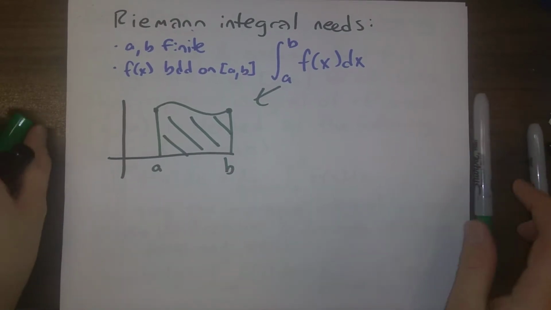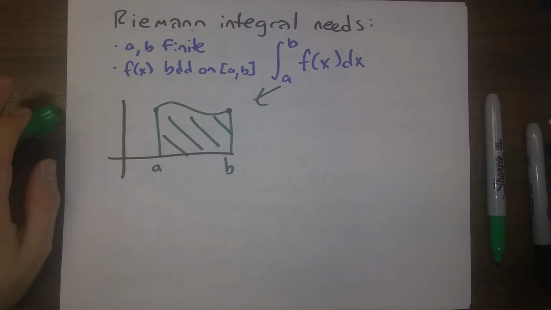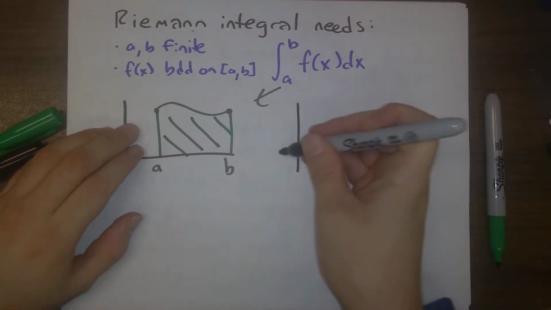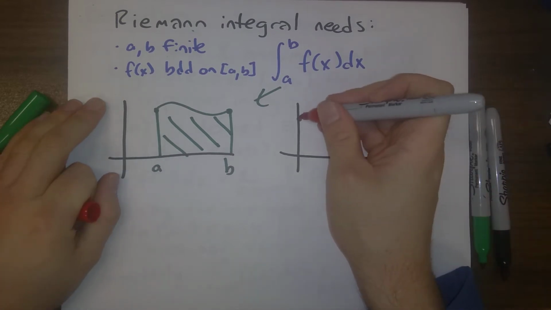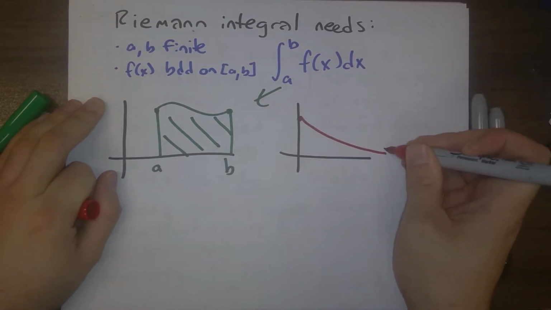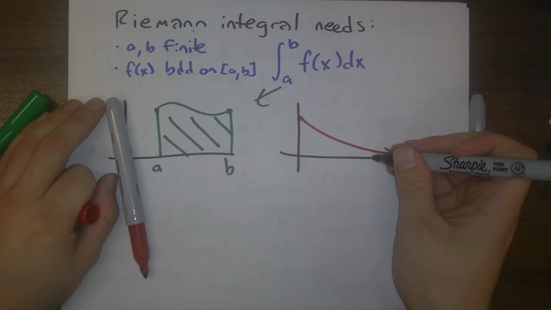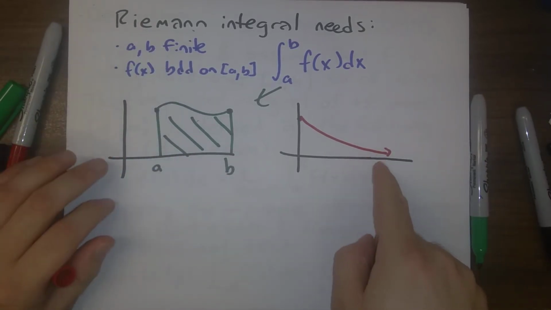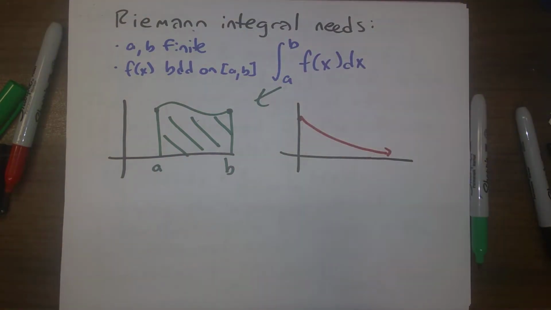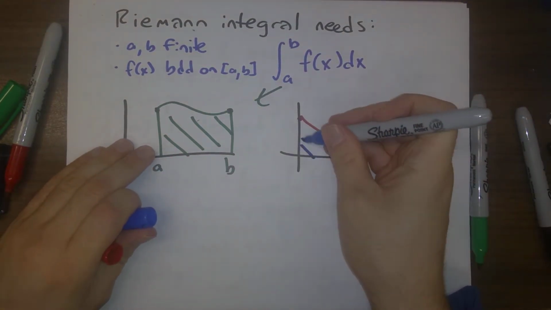But there's other kinds of problems that we can think about. So for instance, what happens if we have a function that looks like this? It has a horizontal asymptote, it's getting closer and closer to 0 as the function goes to infinity.